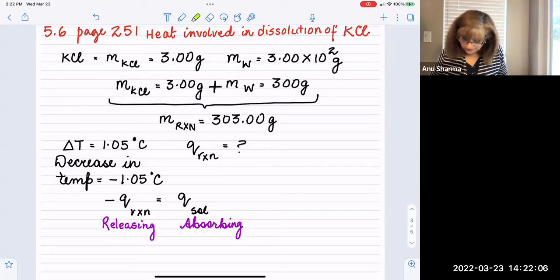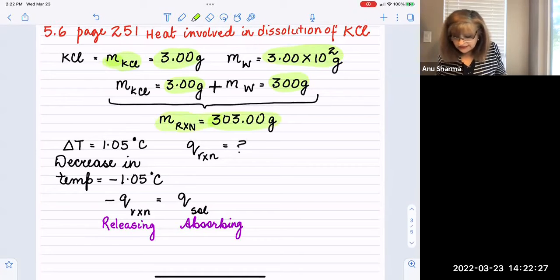The mass of the KCl given is 3 grams, and it is dissolved in 300 grams of water. So what is the total mass of this solution? It is 303, so you add the two together.